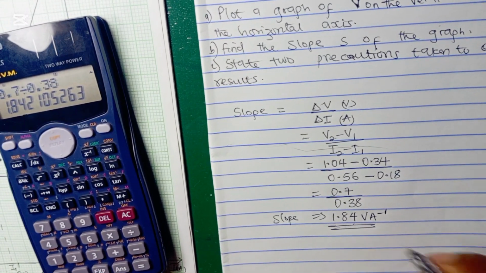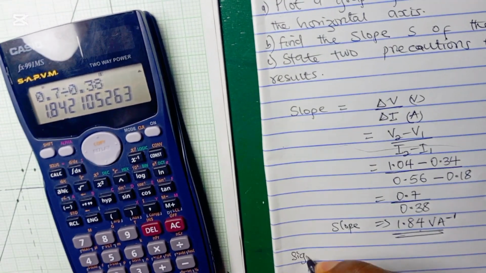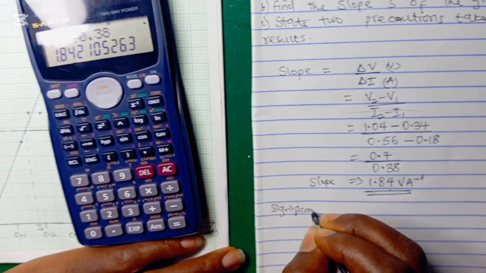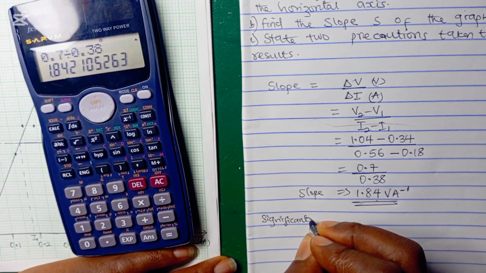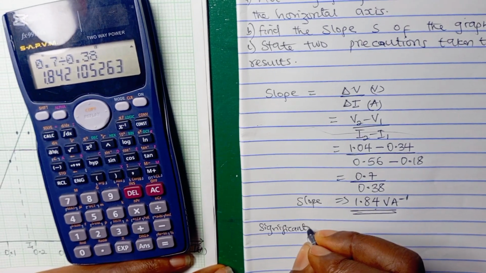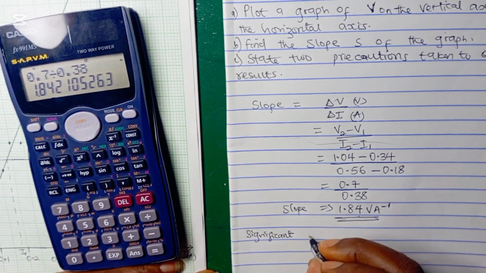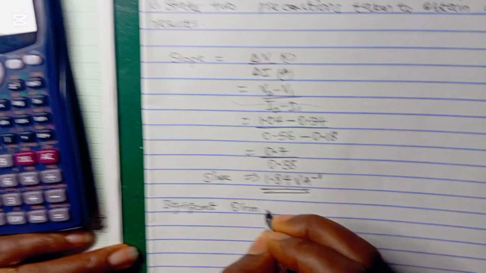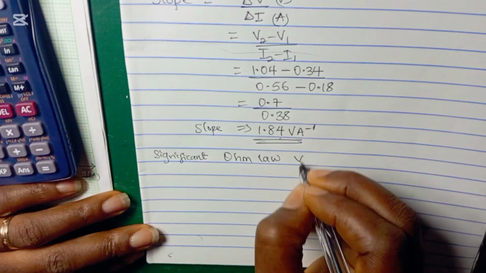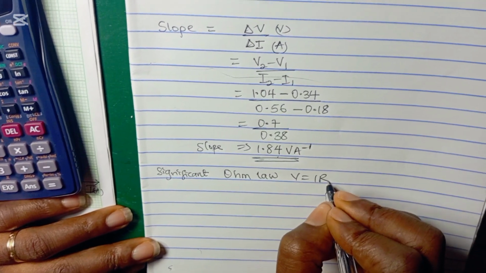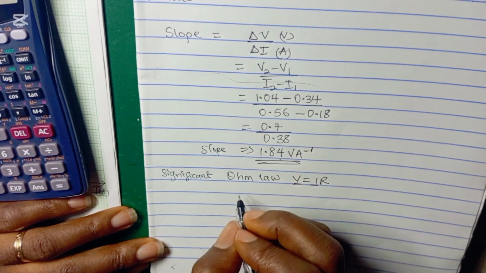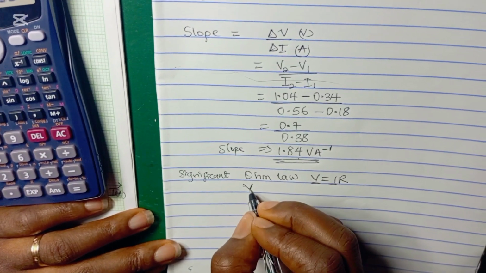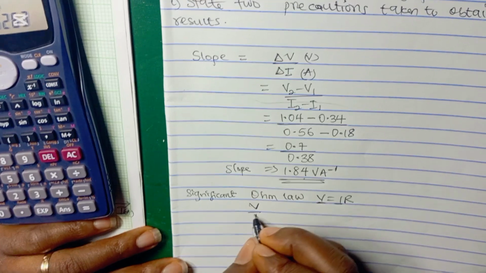Okay. Now this is my slope. What is the significance of this slope? They might ask you. We have an unknown resistance, labelled Rx rather. Now, using Ohm's law, V is equal to what? IR, right? And we plotted a graph of V against what?